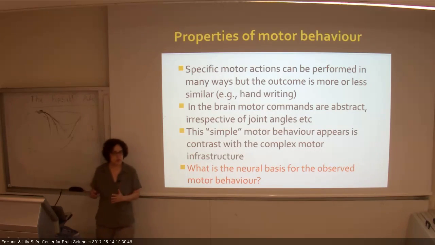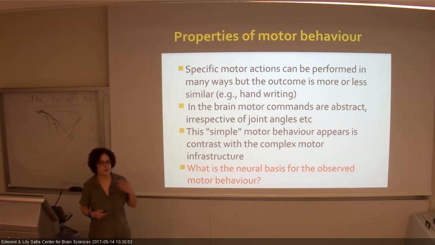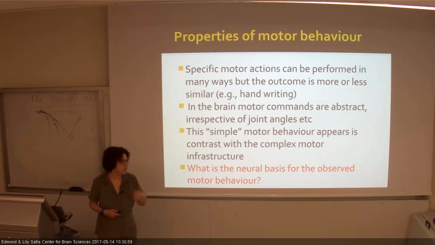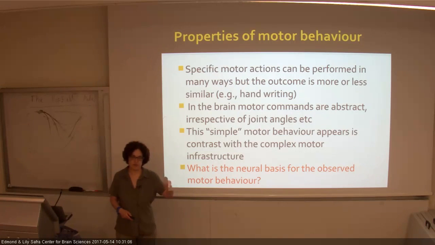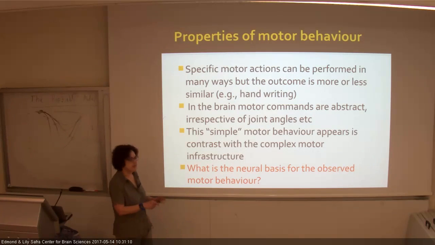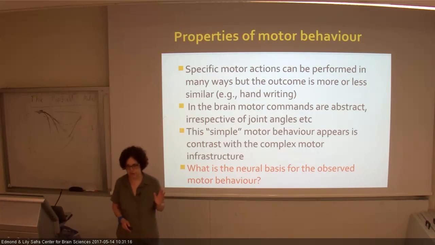We have some idea of the properties of the motor behavior. Now the question is at which level this abstract motor command is coded, and at which level this motor command is translated to specific, joint-specific actions.